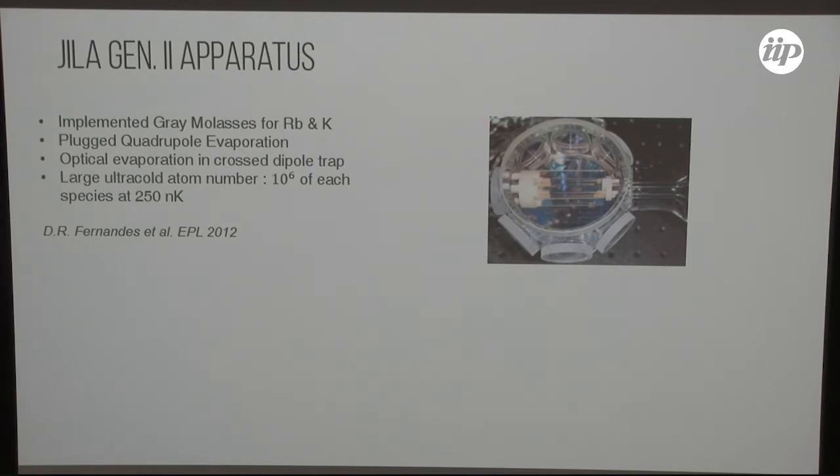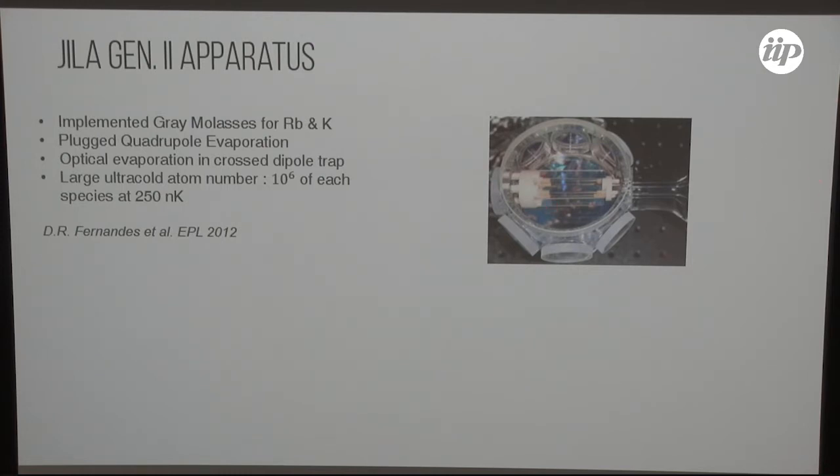So we have a tiny glass chamber that in principle has a lot of numerical aperture. Since the experiment is not complicated enough, we can also try to implement quantum gas microscopy, but probably this is farther away. And the key part of our experiment is this stuff that is placed in vacuum inside the chamber.